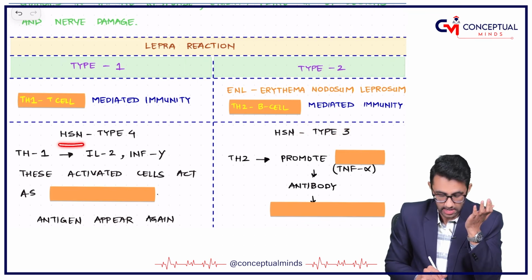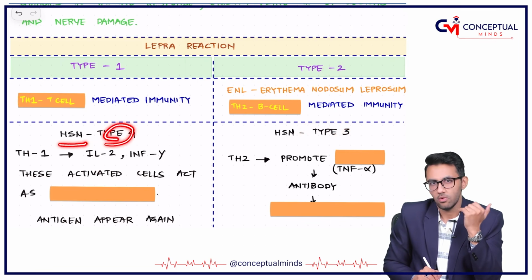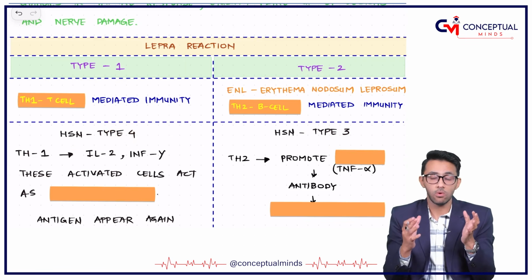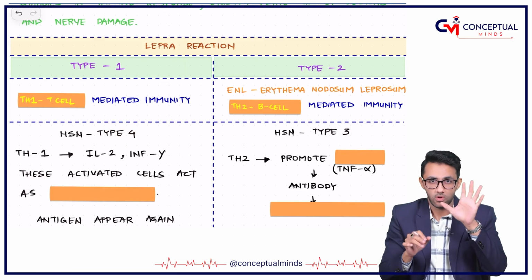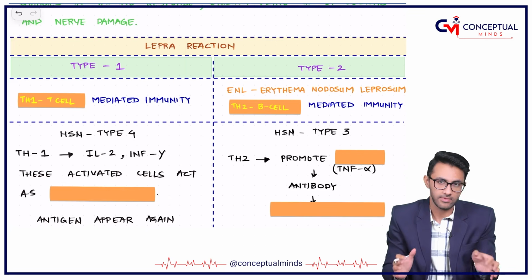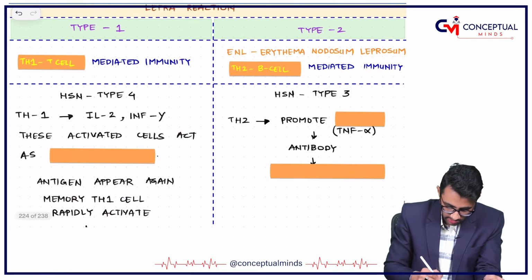In hypersensitivity reaction type 4, if somebody asks which type of Leprae reaction is seen in this, you just say, okay, I know this is about the rule of 5. We just apply it here and we get it right every single time. So that is the key thing you have to remember here.